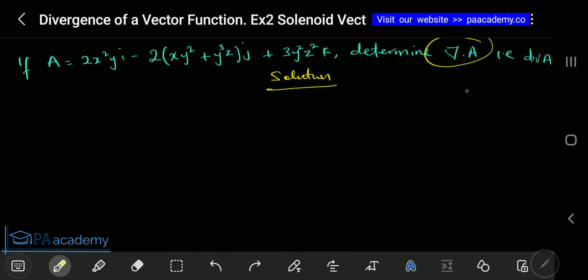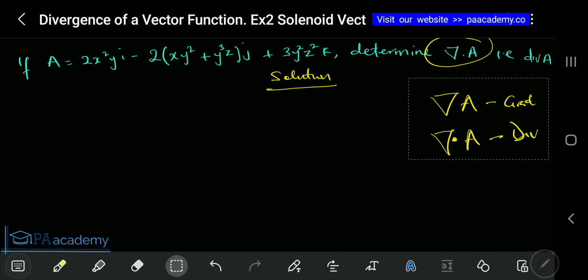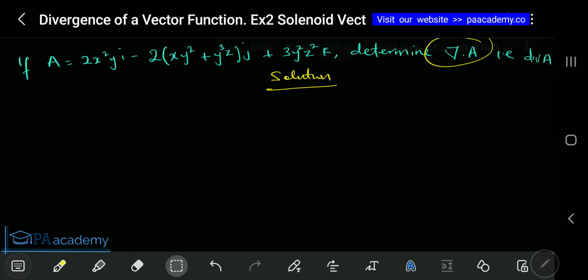So if you just have something like this with A, this is for gradient. But once you have a dot sign in between it, then you should know that this is for divergence. Exactly. So that's just by the way. When we get to curl, we are still going to talk about it.